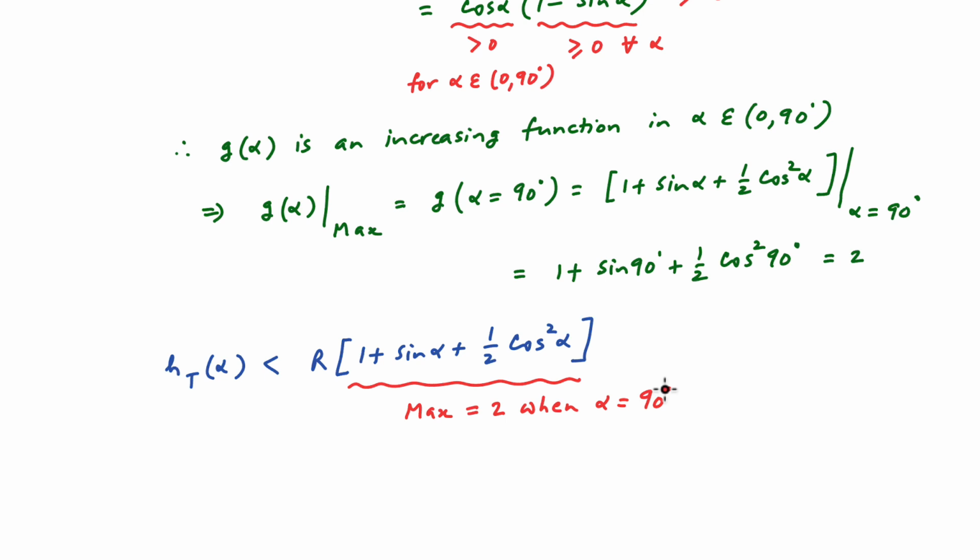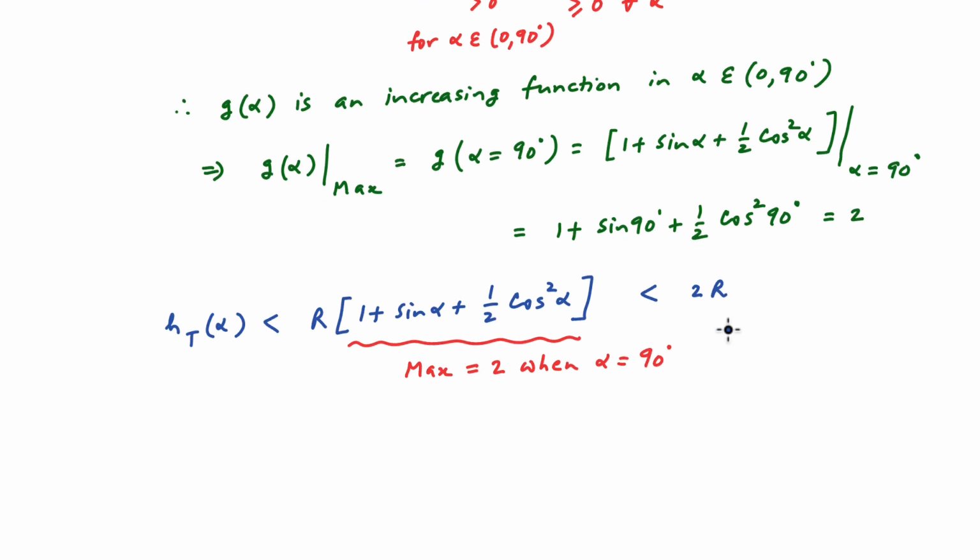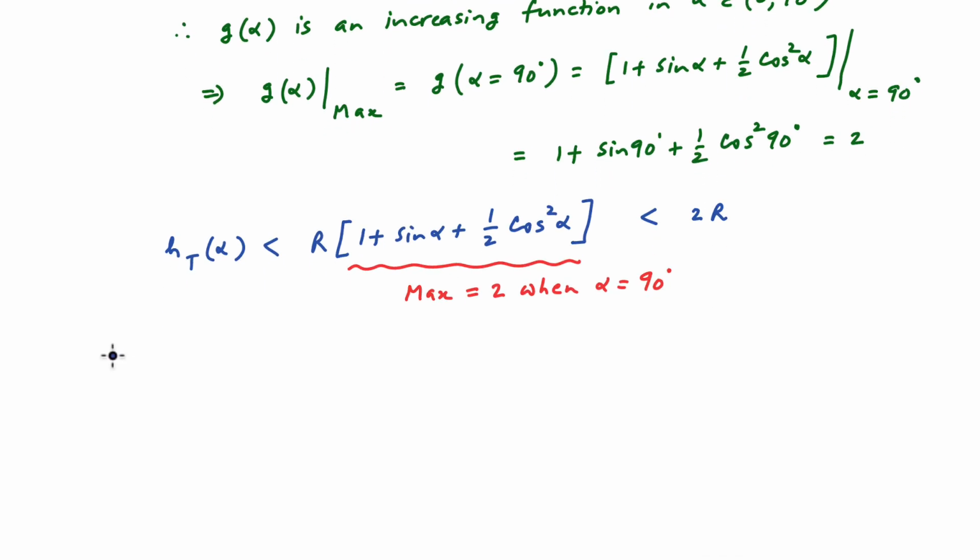Therefore, this whole expression, h of alpha, is less than 2R. Therefore, when v square is less than rg, the maximum value of h of alpha is equal to 2R.